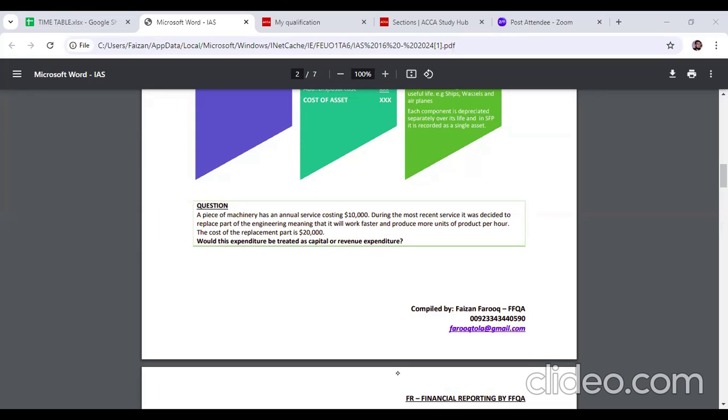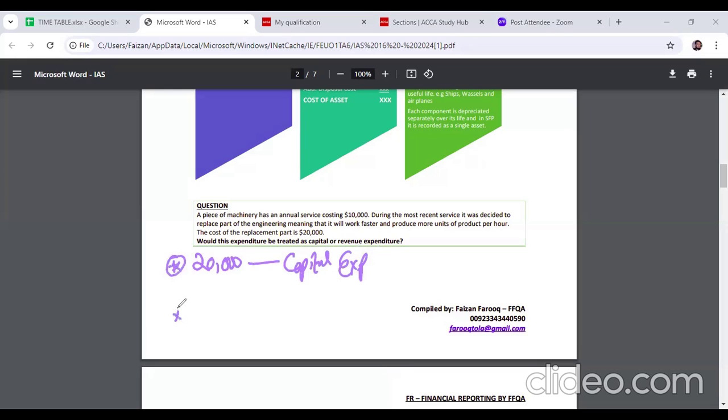If you change that part for 20,000, your efficiency and production work are going to improve, right? Now tell me one thing: an expense which improves your asset is capital or revenue? Capital. So the 20,000 is capital.